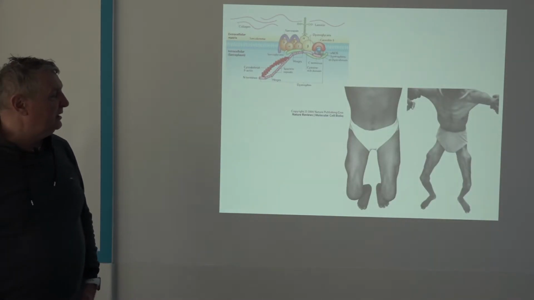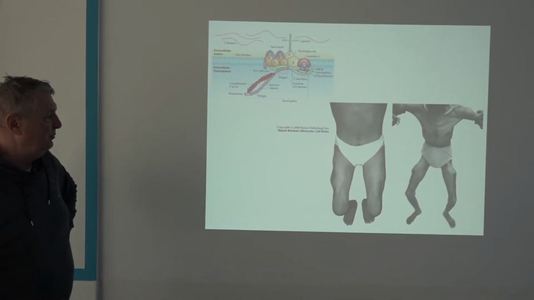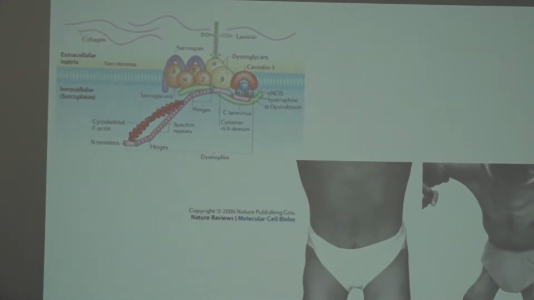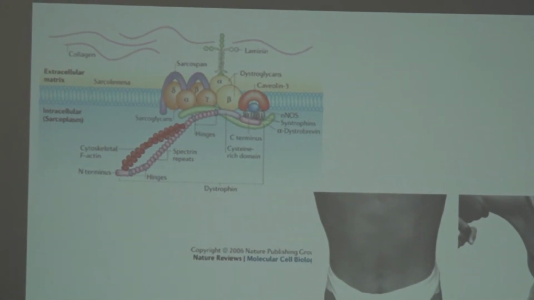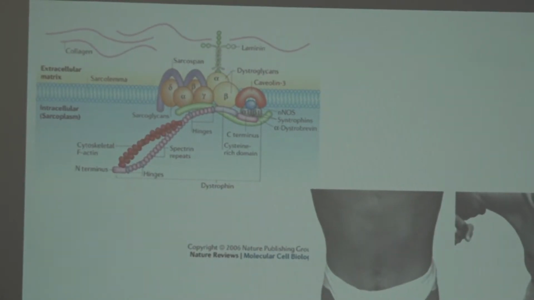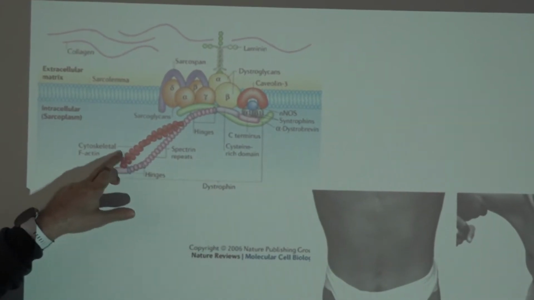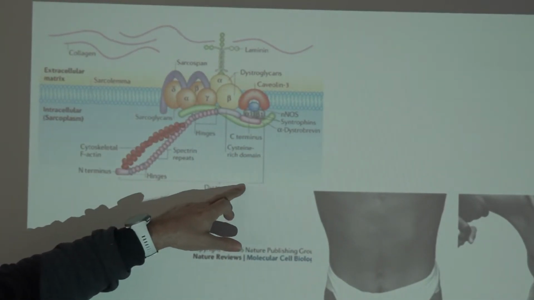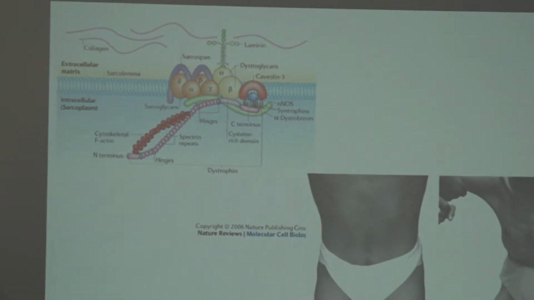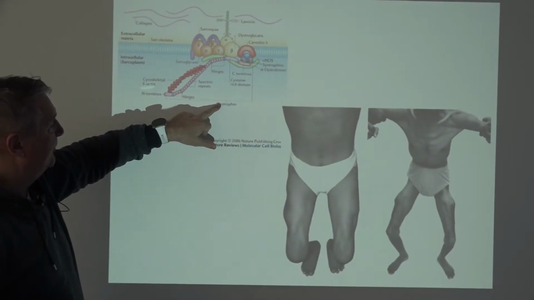What you can see here is a patient with a disease called Duchenne syndrome. This is a genetic disease because these patients don't have the protein called dystrophin. This is the protein called dystrophin, and unfortunately, due to the mutation, these patients don't have this protein.